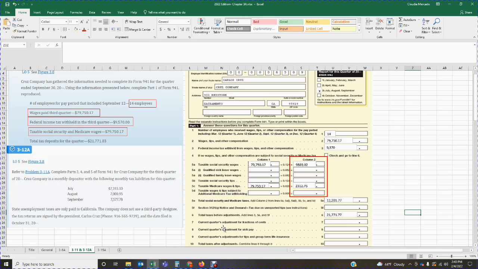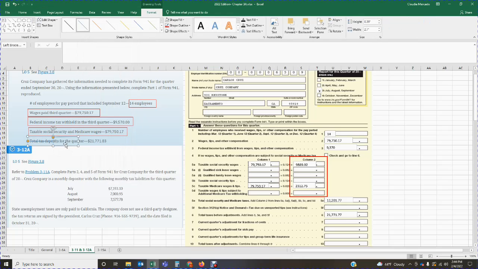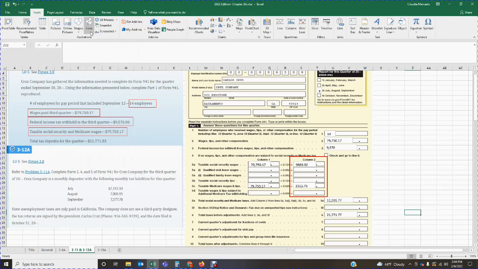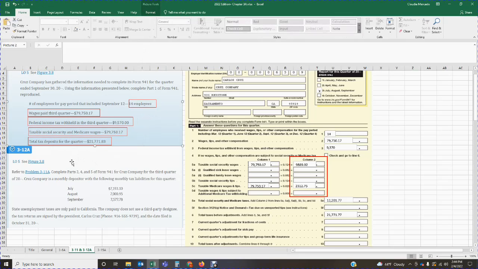Okay. Line number 7. Current quarter's adjustment for fractions of cents. Okay. So if you see here, they gave you the total tax deposits. So it says total tax deposits for the quarter 21,771.83. And then we're going to figure out, and the total taxes before adjustments is 21,771.77.